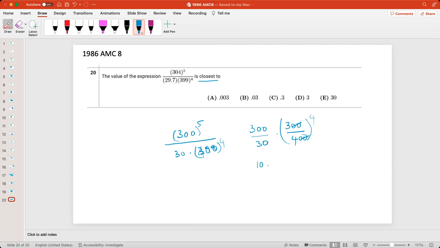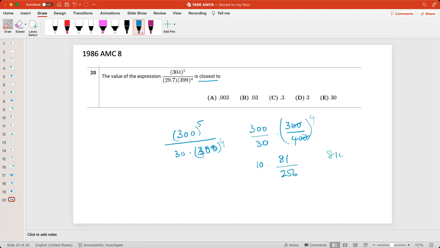So this is basically 10 into 3 by 4 whole power 4, which is nothing but 27, into 4, 8, 2, 81, and this will be 256, right?